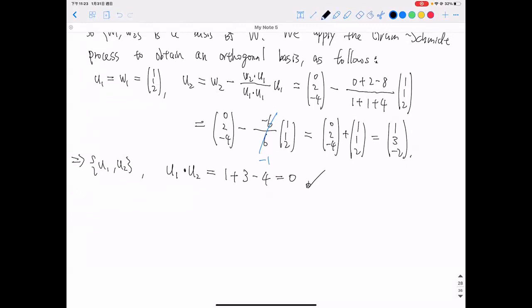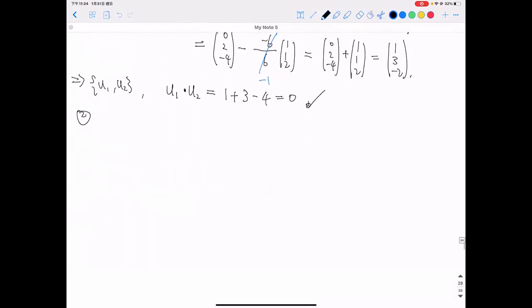Now let's try another example. Say I have this time 3 vectors. Certainly more complicated. W2 being 0, 1, 3, 1. W3 being 1, 1, 1, 0.